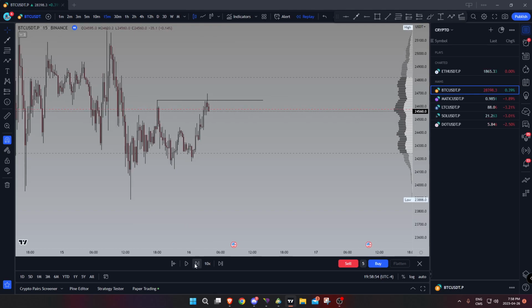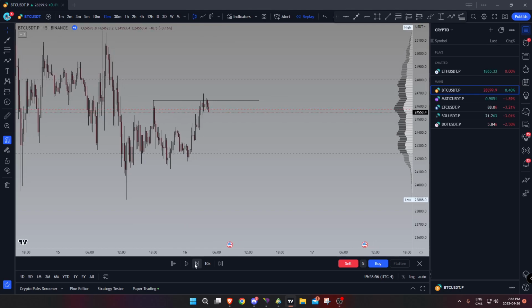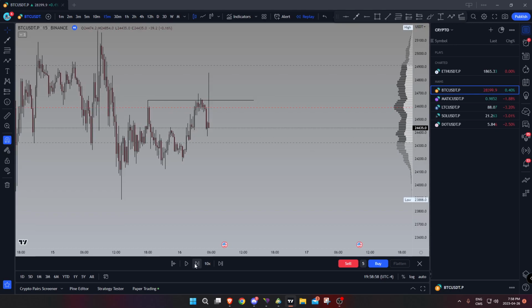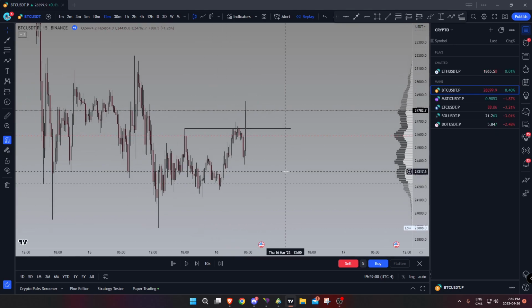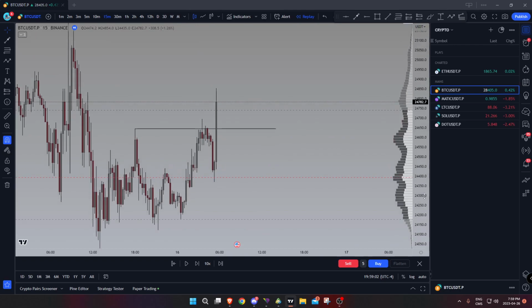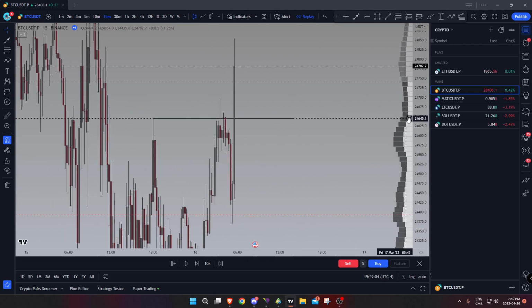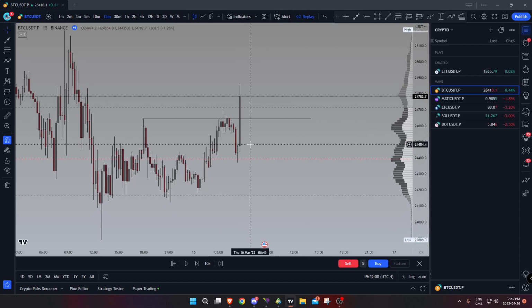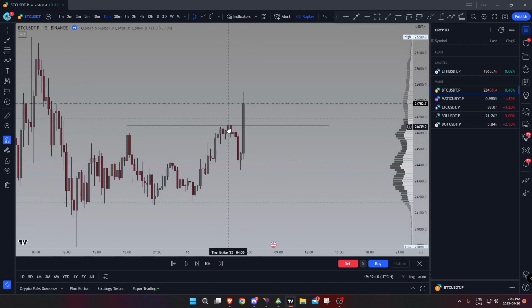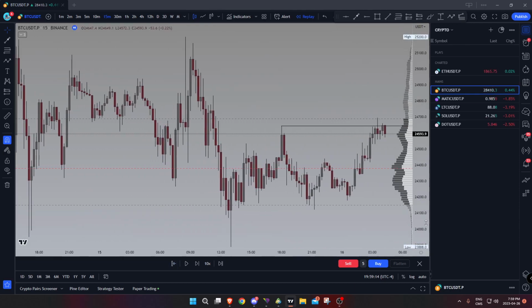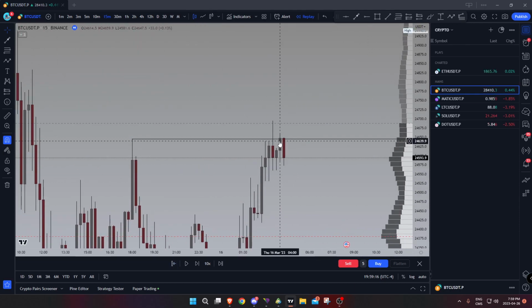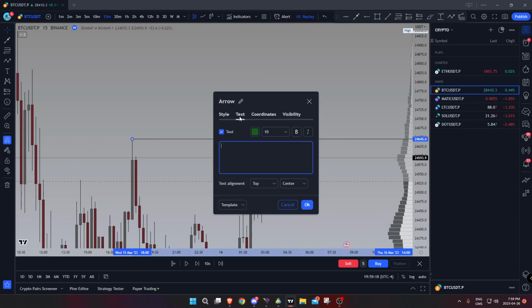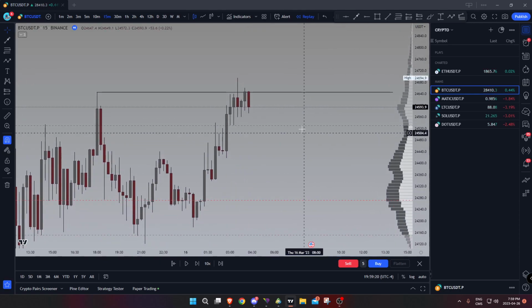Did we get our close? Oh, we did get it right here. We did get one. Nah, we have it, but not really. But let's say we got our close above our line, which has happened there, meaning this was our break of structure right there.